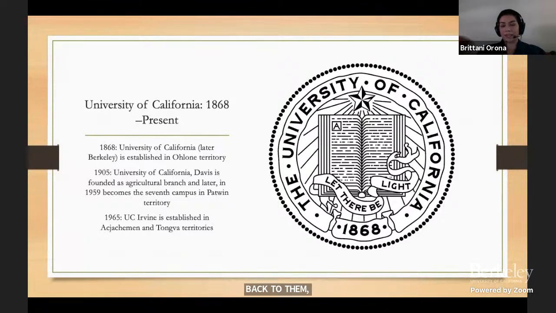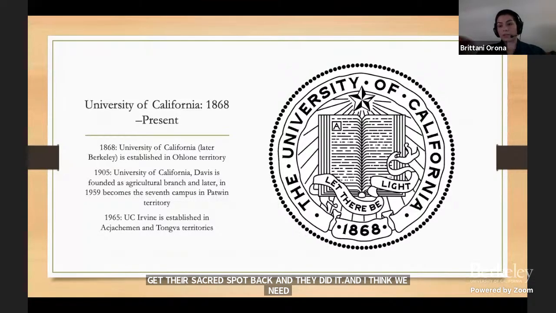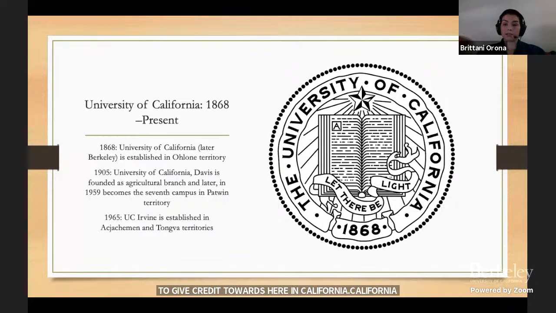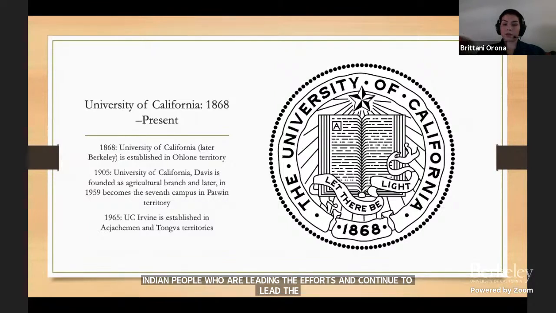It was a decades-long fight to get their sacred spot back, and they did it. And I think we really need to give credit to California Indian people who are leading those efforts and continue to lead the efforts towards repatriation and land reclamation. So thank you.